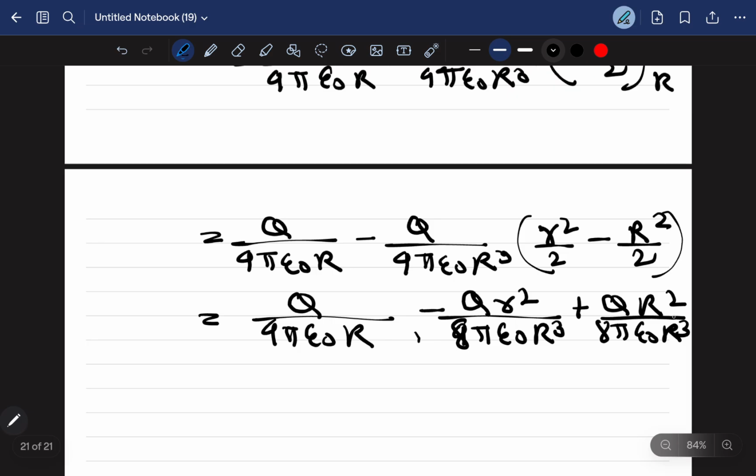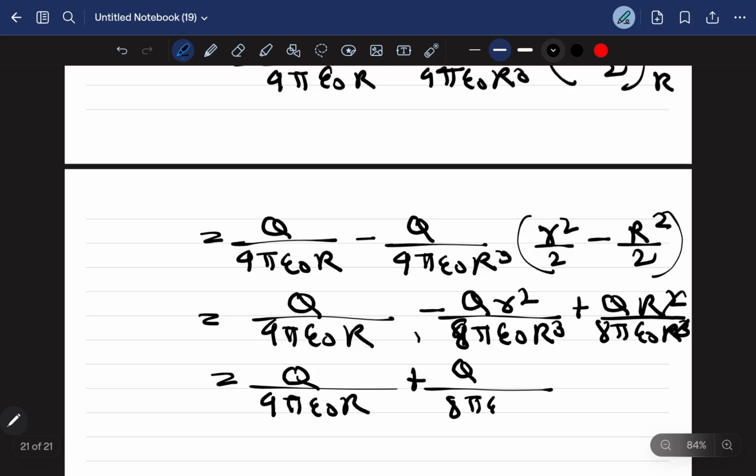So this square and this cube will cancel, so it will be q by 4 pi epsilon naught R. We can just add these two terms, plus q over 8 pi epsilon naught R minus q into r square by 8 pi epsilon naught into R cube.